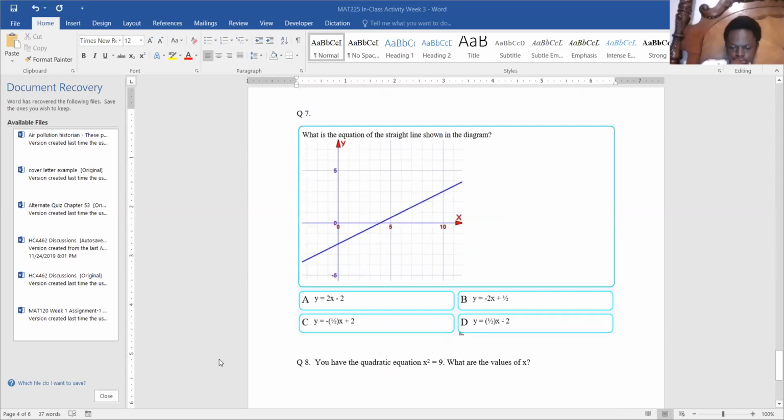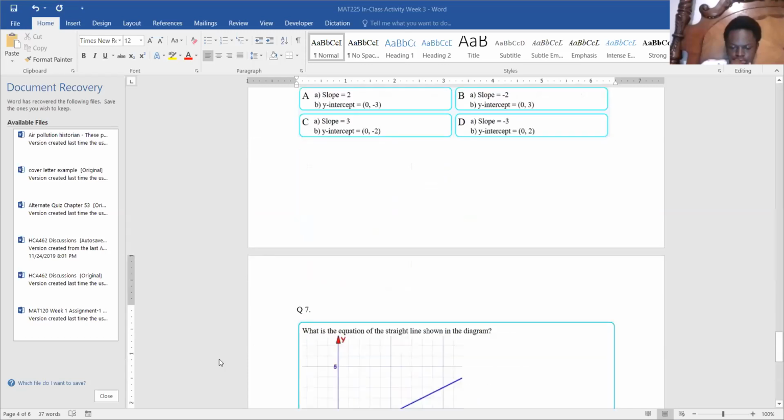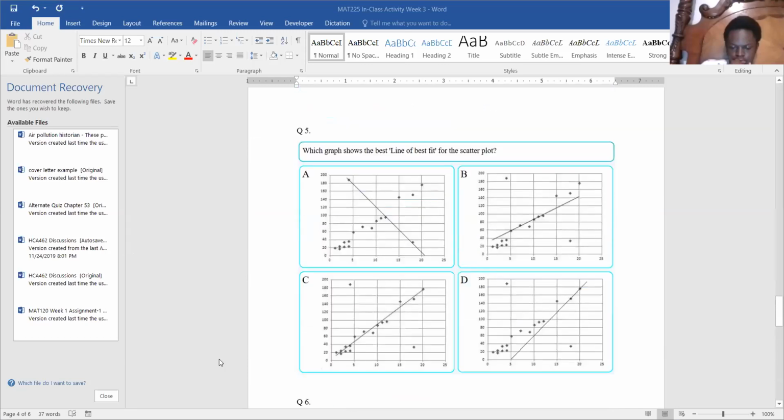So the lowest is at 12, right? It would be what? For what, 15? Would it be 15? No, it goes up by 2s.